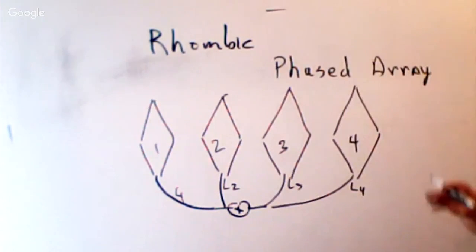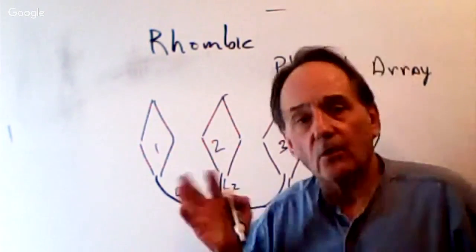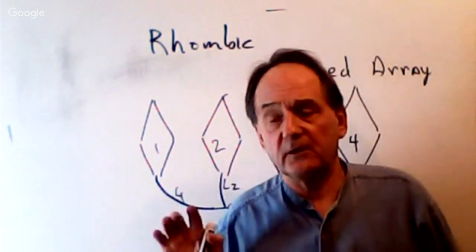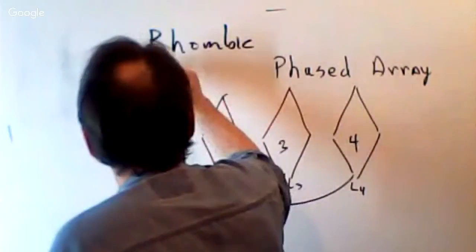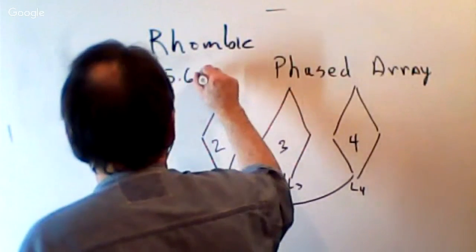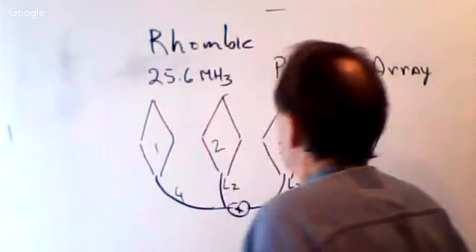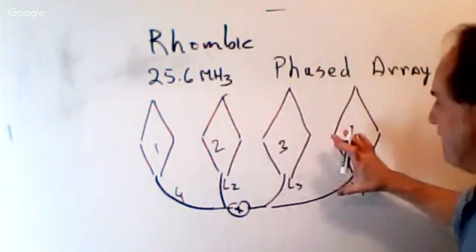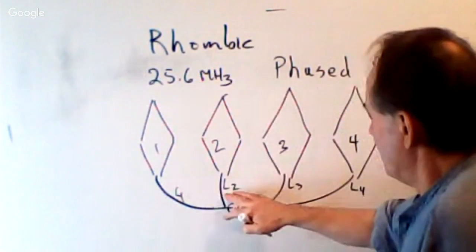And what's really nice about something like this is we're only operating on one particular frequency, 25.6 megahertz. So the antennas can remain fixed. The delay lines are very simple.